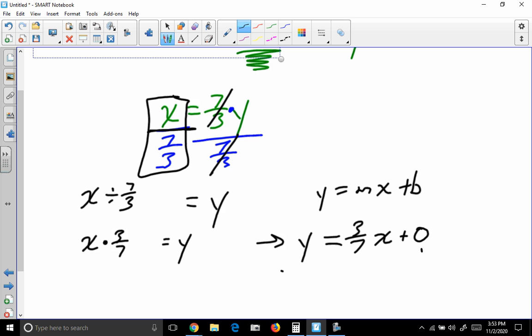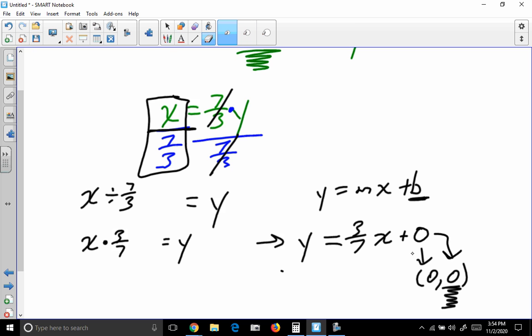That lets us know that our y-intercept is at (0, 0). Remember, for the y-intercept, the x-coordinate is always 0, and the number that's by itself, when we're solving for y, tells us the y-coordinate of the y-intercept. And then our slope is the number beside the x, so the 3/7.